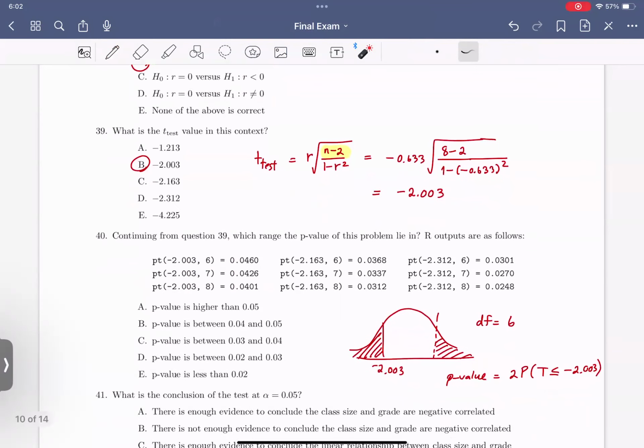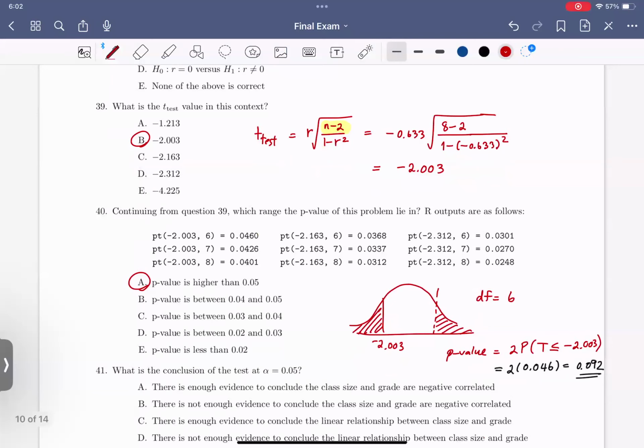So the correct p-value is going to be 2 times 0.046, which is 0.092. And that means the p-value is higher than 0.05. That is the answer for question 40.